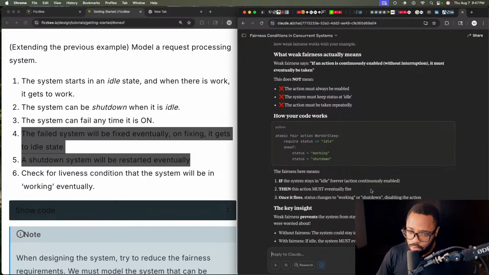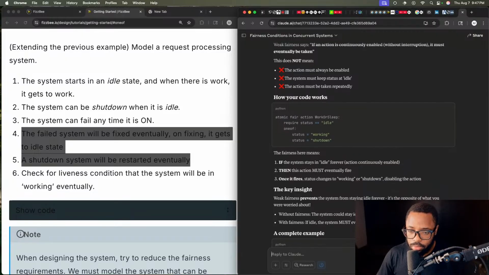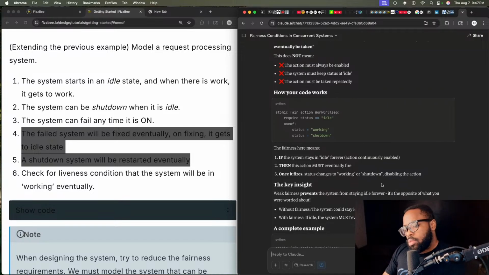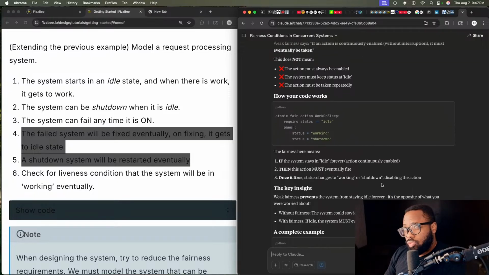Once it fires, status changes to working on disabling the action.